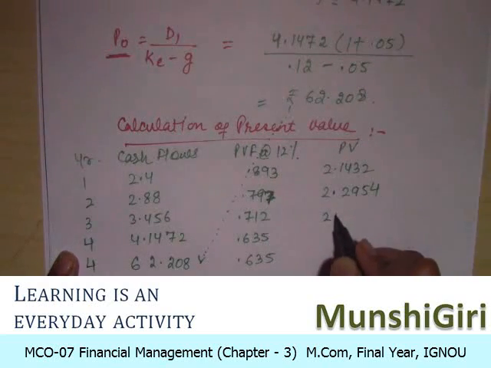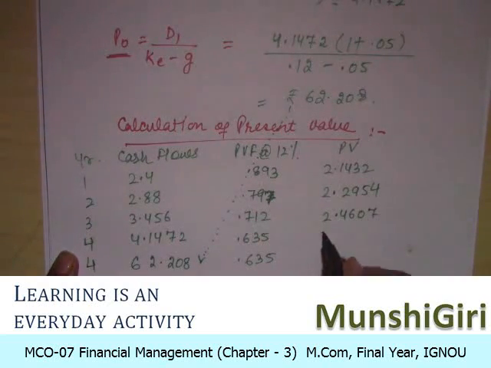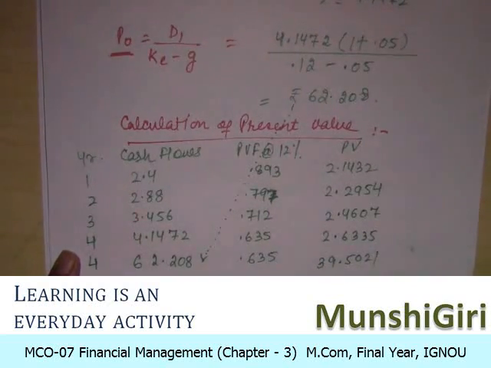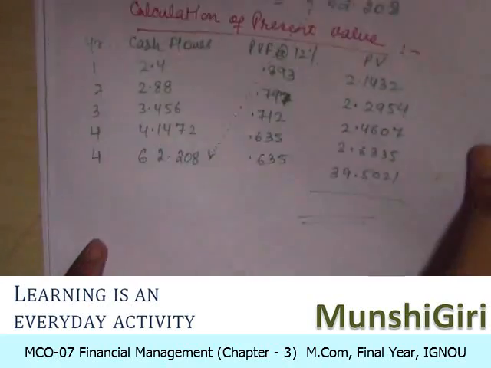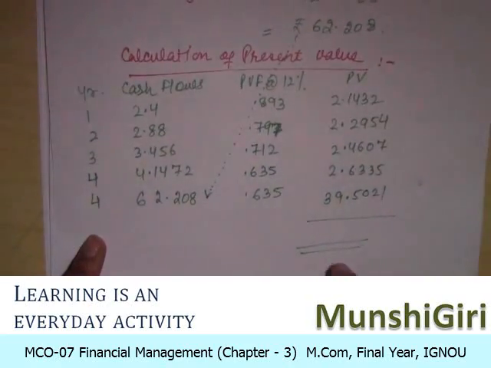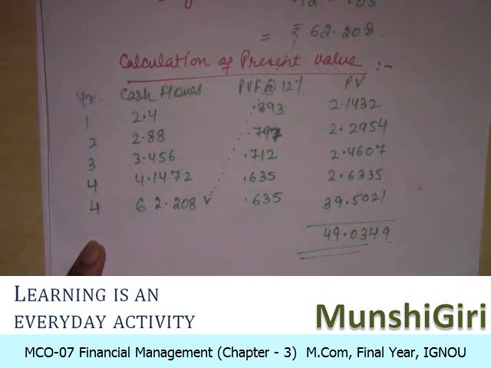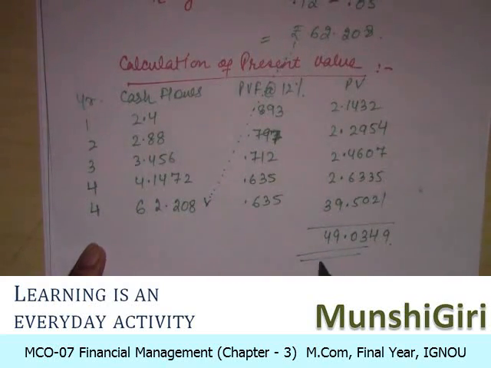This is going to be 2.4607, 2.6335 and 39.5021, and add this up, you will get the present value, which comes out to be 49.0349 in our case. So this is the present value.